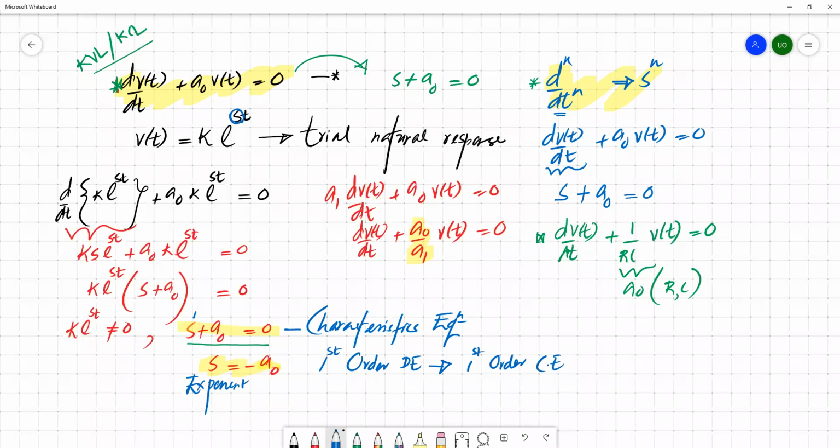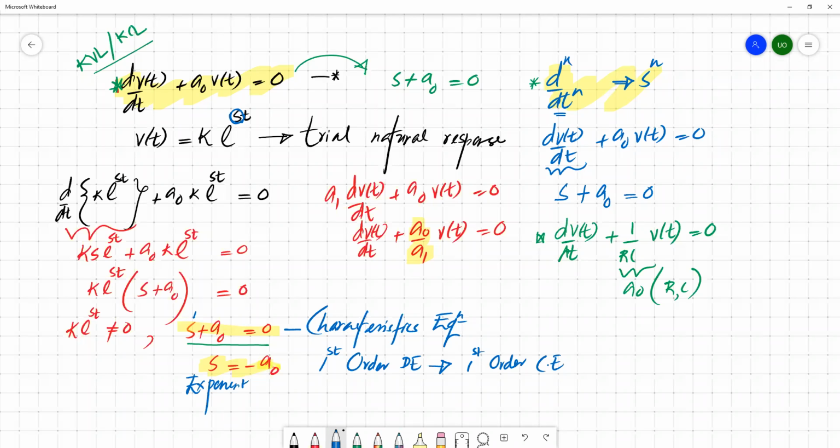Okay. So if you want to get the exponent of this trial solution, you can immediately convert your first order differential equation to its characteristic form and solve it.